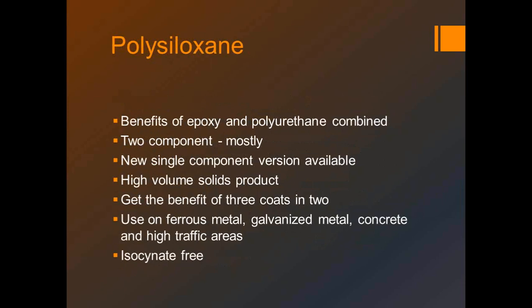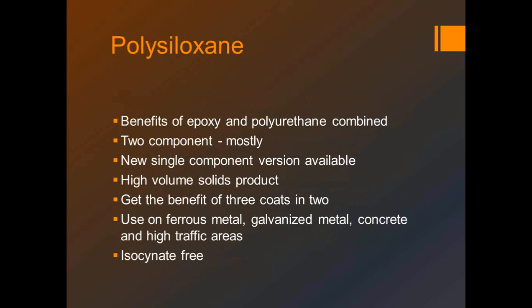I was going to ask, because you have the last bullet point on this slide versus the last slide, isocyanate free, as opposed to contains isocyanates for the urethanes. What's the big deal? Well, isocyanates are a chemical that can get down into your lungs and cause lung irritation.